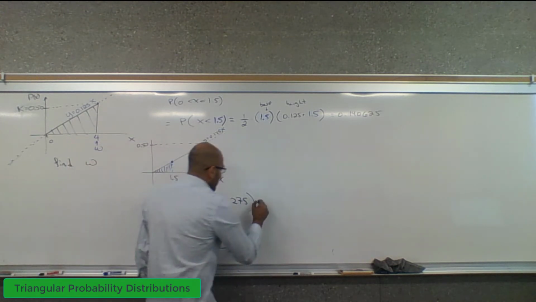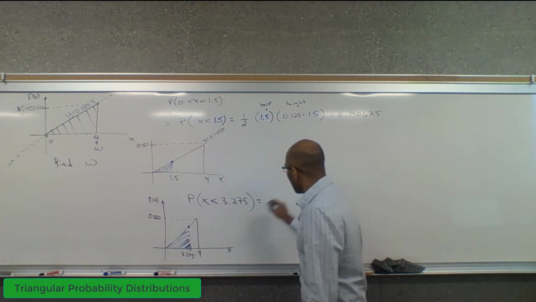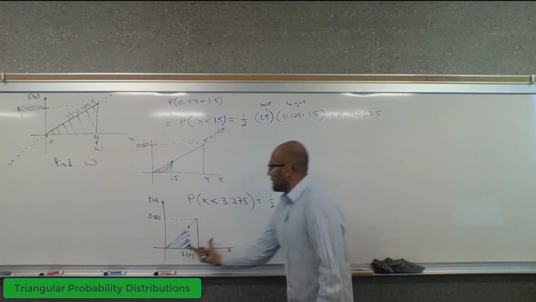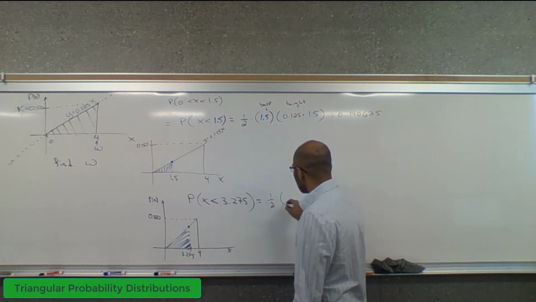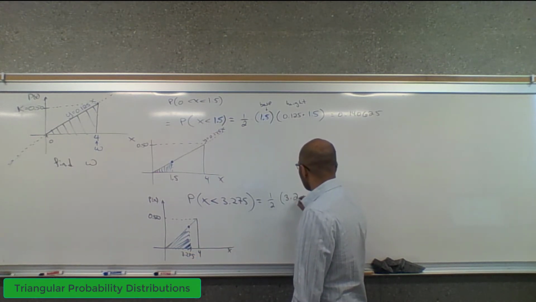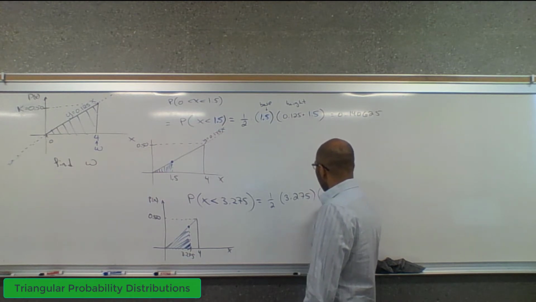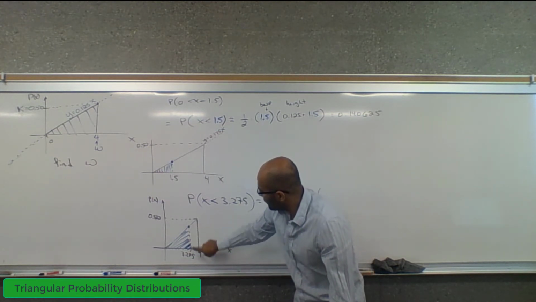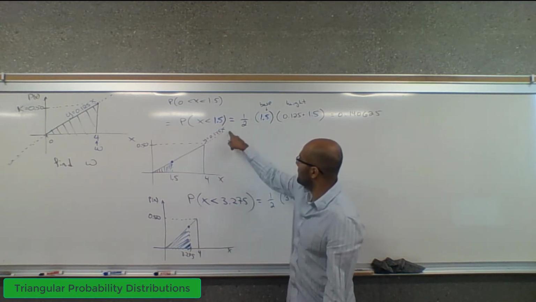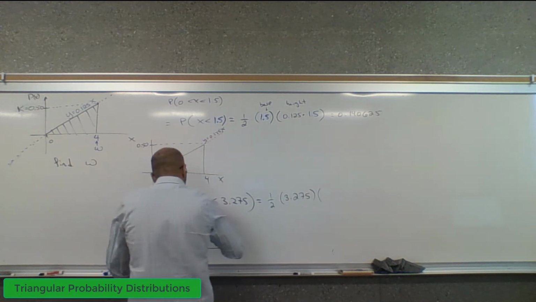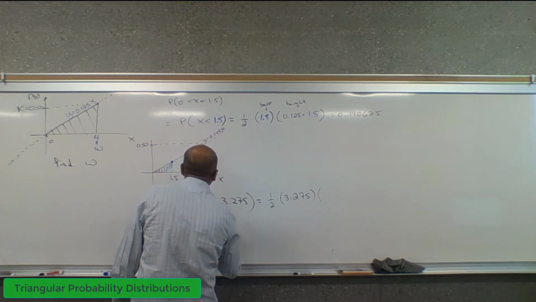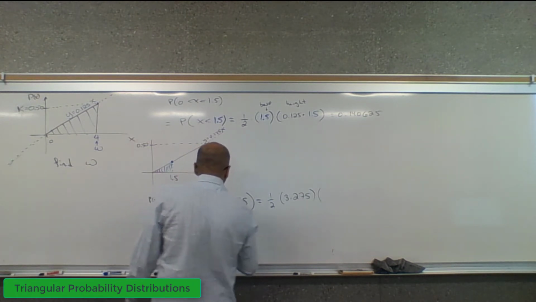And so that should be pretty straightforward again. It's going to be 1/2. It's always 1/2. Times the base. Well, the base was just equal to that guy. So it's going to be 3.275. And then the height is going to be equal to evaluating this equation at that point. Since again, this equation here is y equals 0.125x.